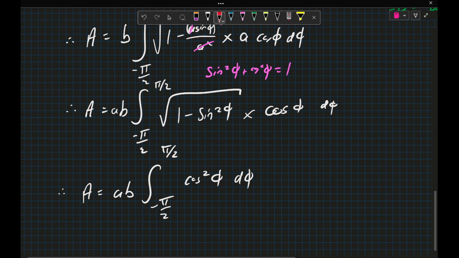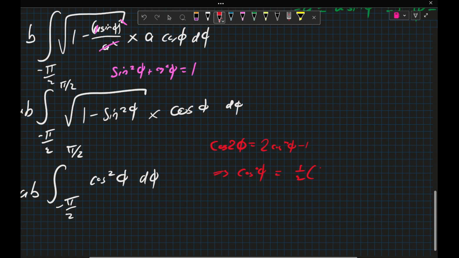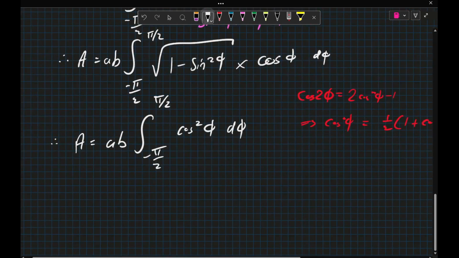We actually use one of the double angle formulae, and in this case, cos 2 phi is 2 cos squared phi minus 1. So that implies that we can write cos squared phi as 1/2 of 1 plus cos of 2 phi. So I'm going to include that in here. So ab integral from minus pi over 2 to plus pi over 2. Now again, we can factor a half out, and we're just left with 1 plus cos of 2 phi d phi.